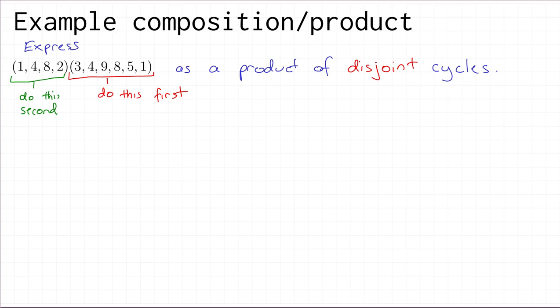So the idea was that you began with any old number you like, and then you look what happens to it under your permutation. So if we start with the number 1, then the first thing we have to do in our composition is apply the cycle on the right, (3 4 9 8 5 1). That sends 1 to 3, and then the second cycle sends 3 to itself, because 3 doesn't belong to that cycle.